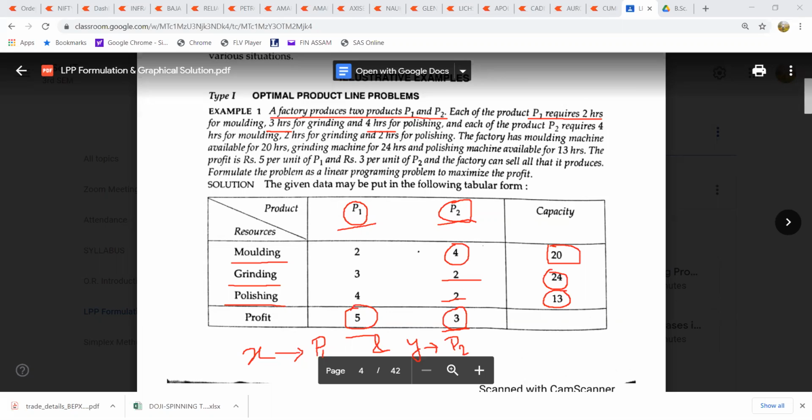Clear? So the company is manufacturing X quantity of product P1 and Y number of product P2. So what will be our objective function then? For one product of P1, the company is getting 5 rupees profit, and for one product of P2, the company is getting 3 rupees profit. So what will be our objective function then?